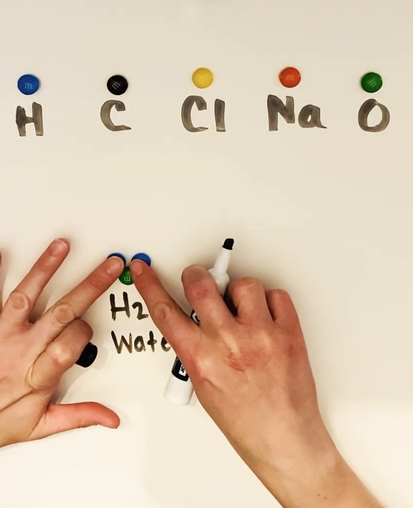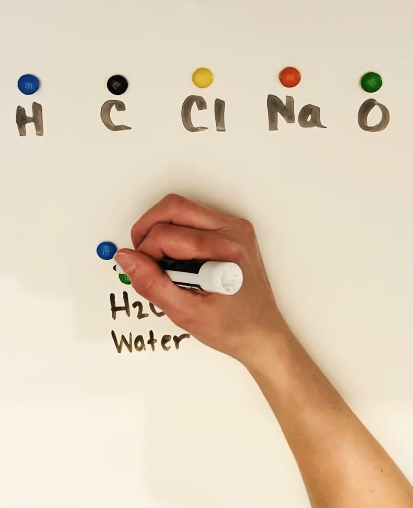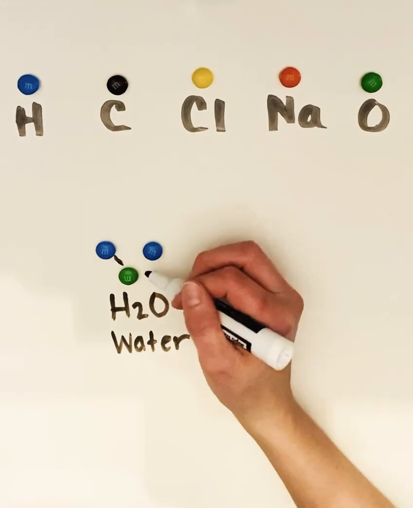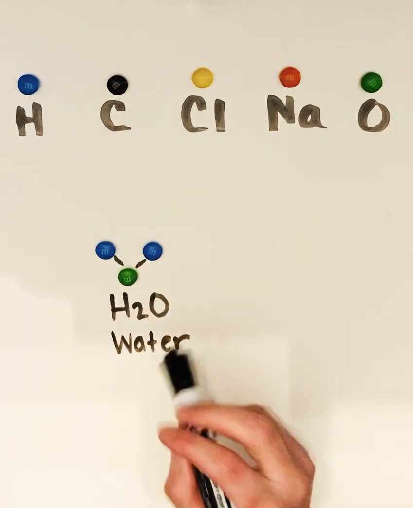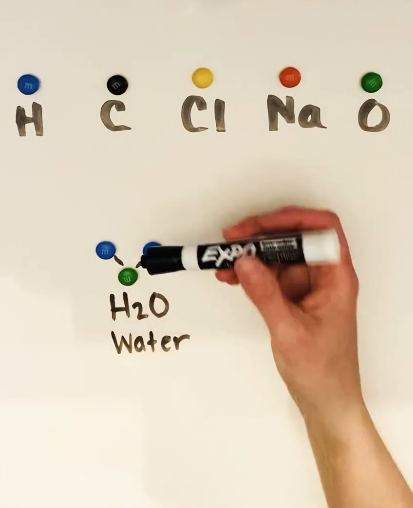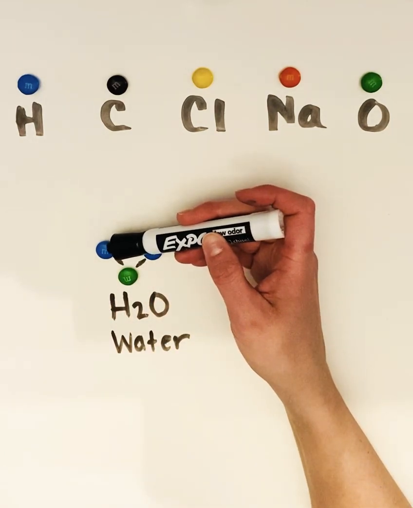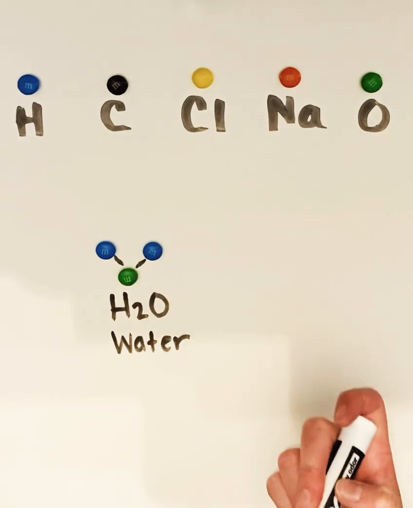And if you were looking at pictures of molecules that are compounds, what you would see are these little lines in between. These lines represent chemical bonds. Chemical bonds are very difficult to break down. So when I draw these lines, I'm showing you that the hydrogen is chemically bound to the oxygen.